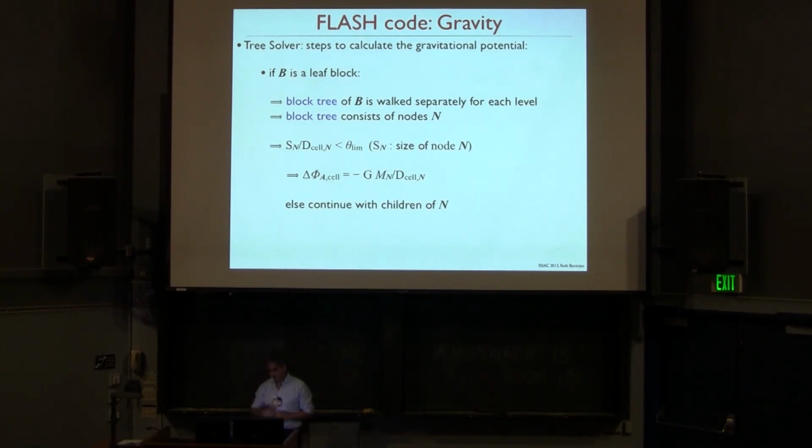And if you're in a leaf block, so on the lowest level, then you do this point by point for all grid points in your block, again using this opening angle criterion to decide at which level things should be added to the gravitational potential. So this is the criterion of the opening angle. This is the criterion which speeds up the entire calculation, so you get your n log n scaling.